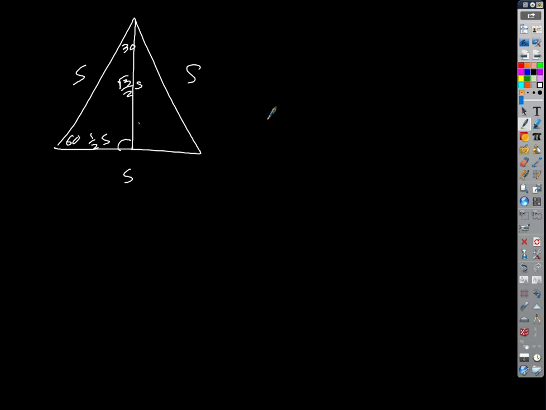The area of a triangle is 1/2 the base times the height. So that's 1/2 times S times the height, which is square root of 3 over 2 S. So we get square root of 3 over 4 S squared. Okay? I never remember that, I just always draw pictures. I can figure it out, I don't want to waste those brain cells.